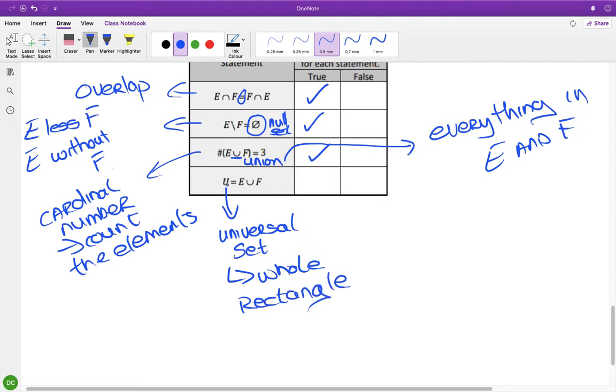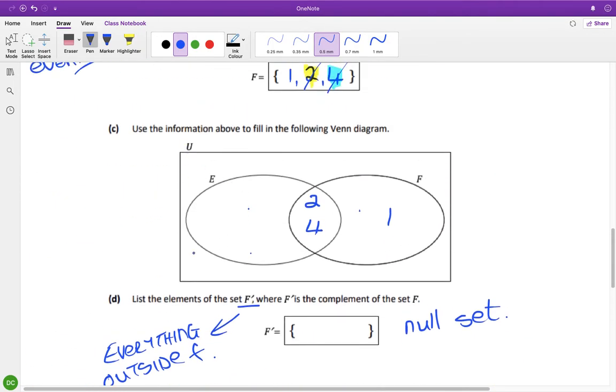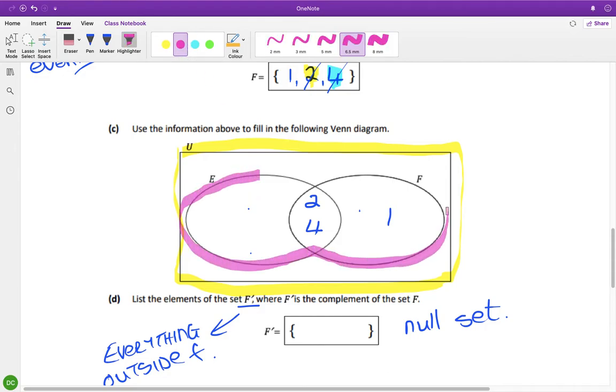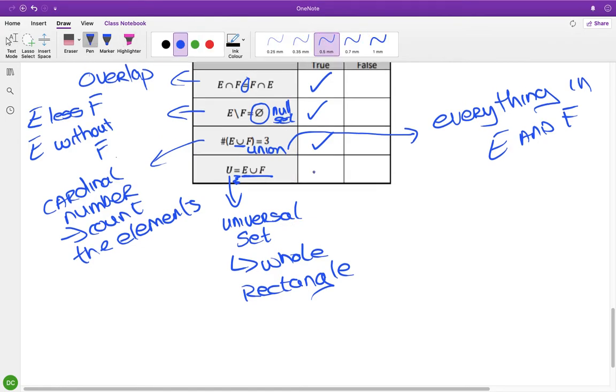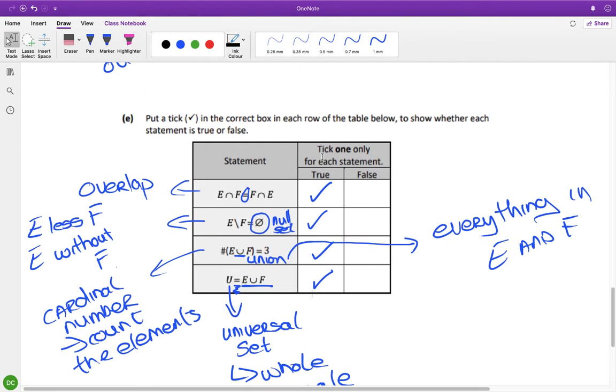So they're asking us, is the entire rectangle the same as the union? What's in the entire rectangle? 1, 2, and 4. And inside the union, which is just all the circles? 1, 2, and 4. So are they equal? Yes, they are. So all of those statements are true.